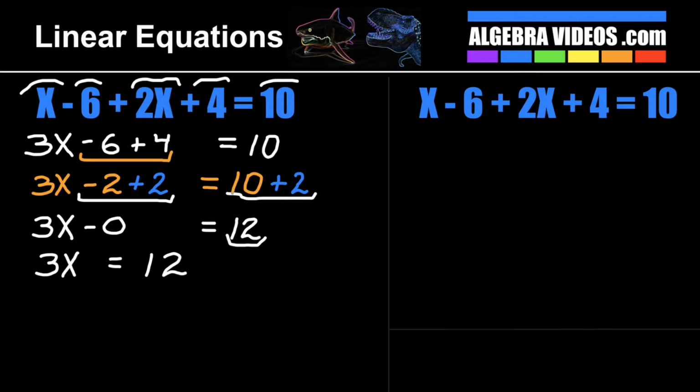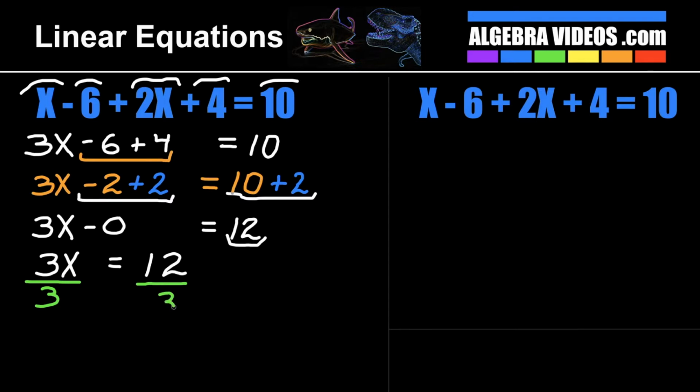So the last thing we've got to do is get rid of this 3 on the left side. 3x equals 12. So I'm going to make use of that rule that says I can do anything I want to either side as long as I do it to both sides. So what I'm going to do over here is divide by 3, because I know that 3 divided by 3 is going to cancel into 1. But anything I do to one side, I've got to do to the other side.